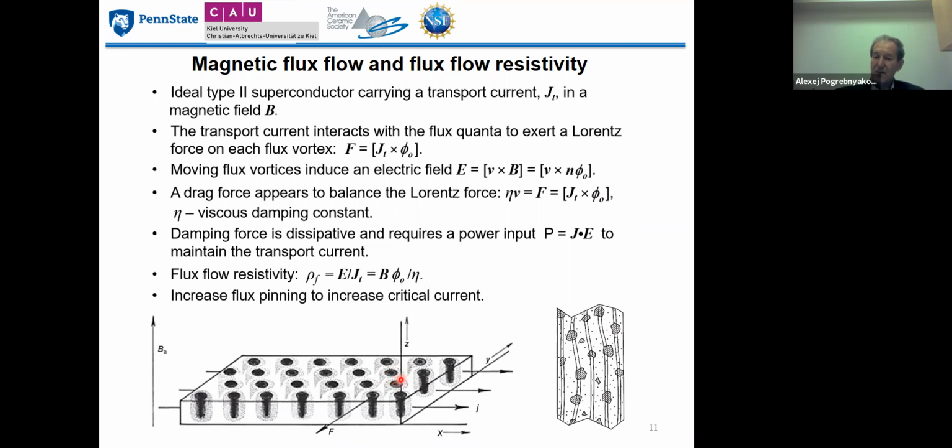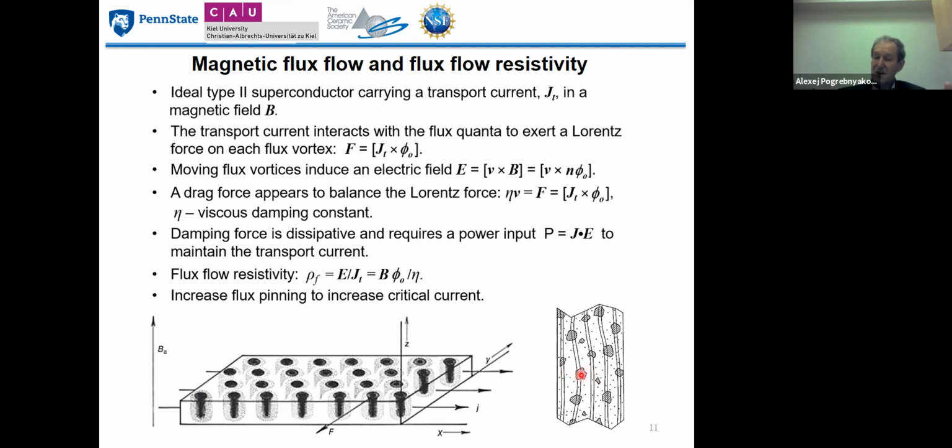This is done by making the samples dirty. This is jargon in superconductor community parlance. Making samples dirty can be achieved by alloying, adding some particles, or irradiating, creating structural defects.